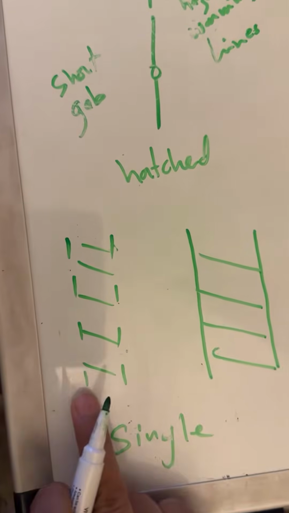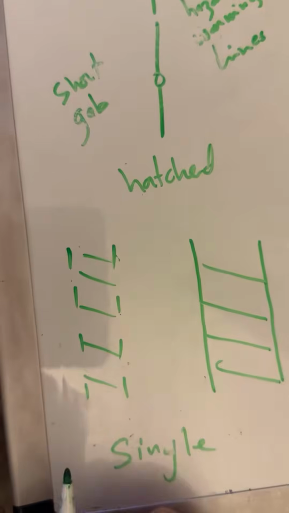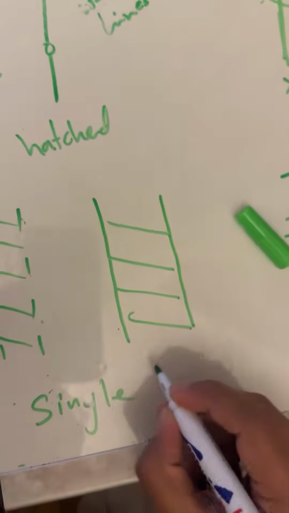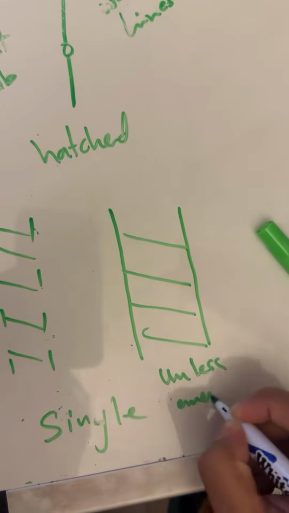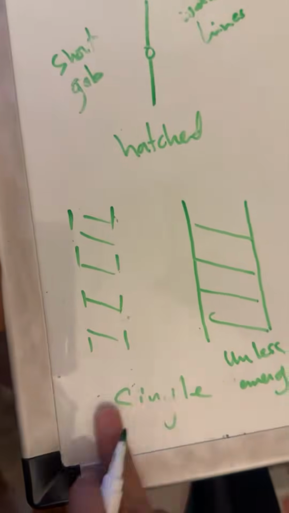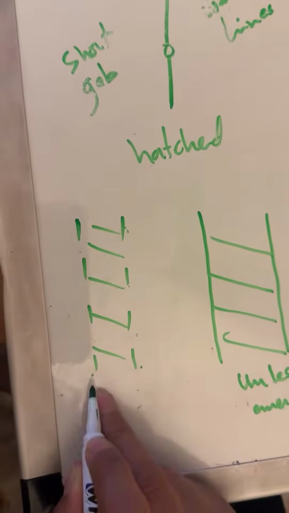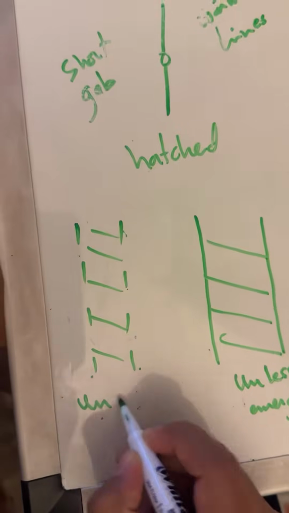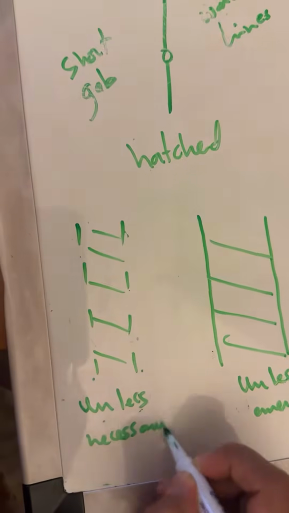When you see a broken line, you've got some gaps, you can enter the area. Here, don't enter the area unless it's an emergency, so you shall not be entering it at all. But if you see a hatched area surrounded by a broken line, you shall not be entering unless you need to, unless it's necessary. Remember this.